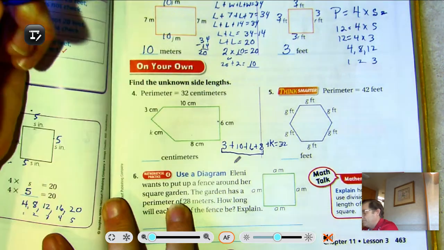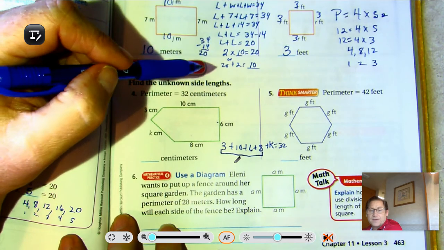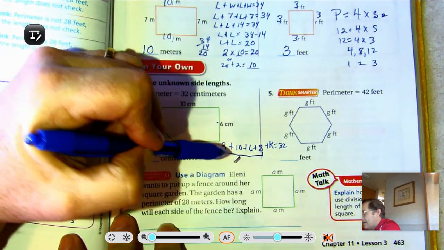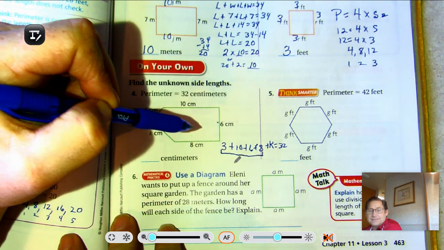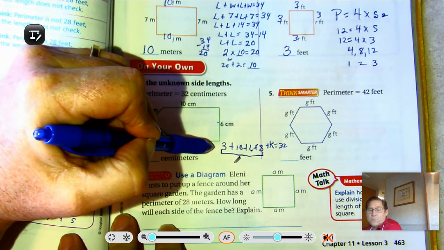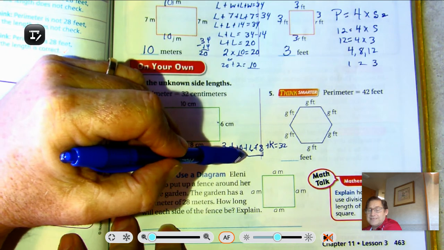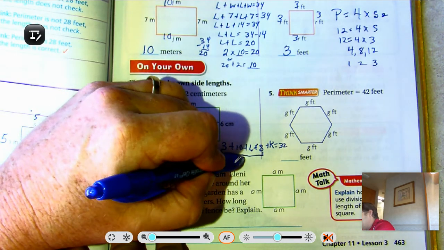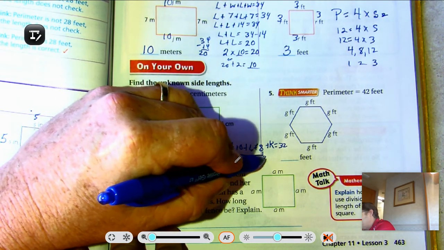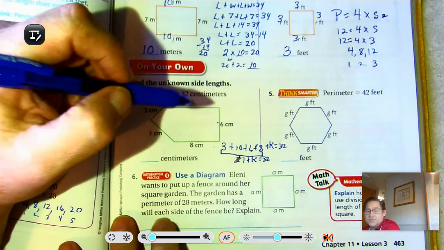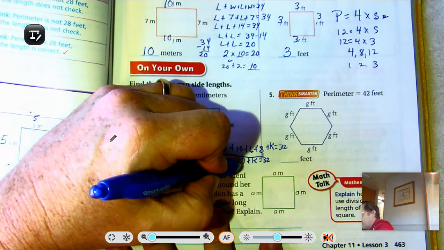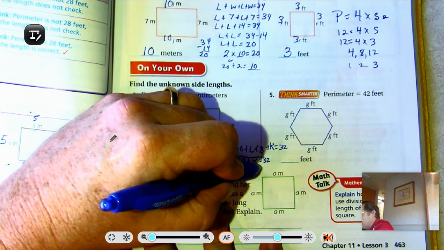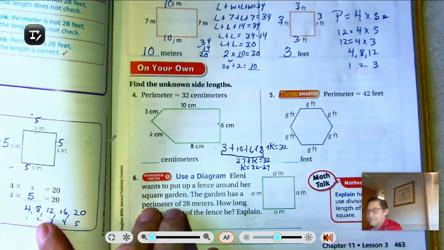So add up the known sides. 10 plus 8 is 18, plus 3 more is 21. 21 plus 6 is 27. 27 plus the unknown side is 32. And so we know that we can subtract 27 from 32 to get the missing side.